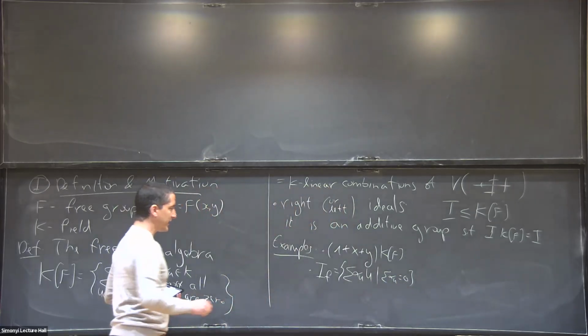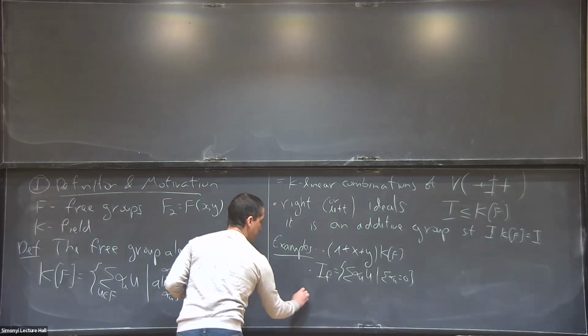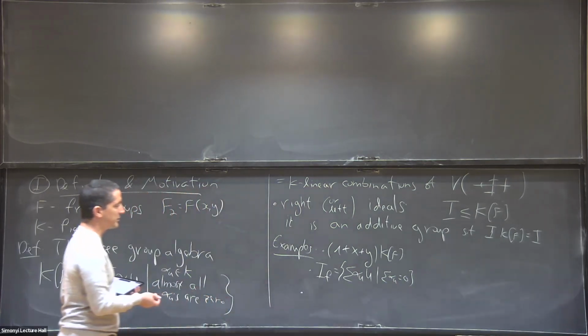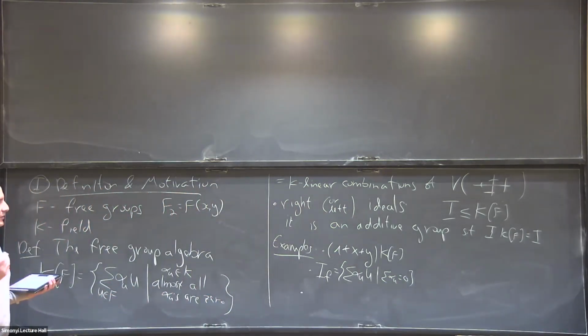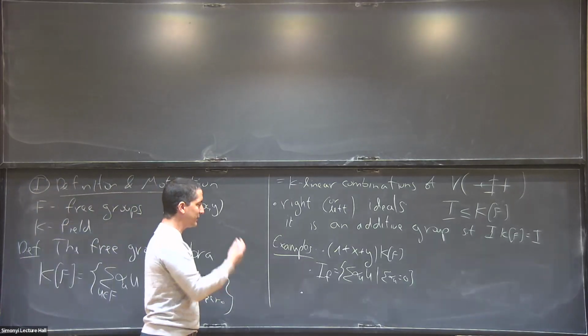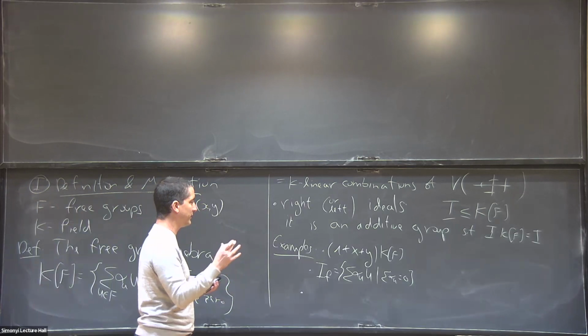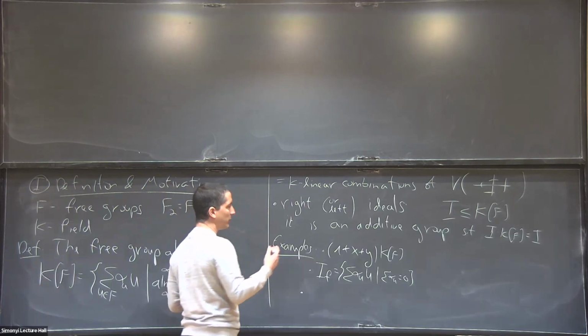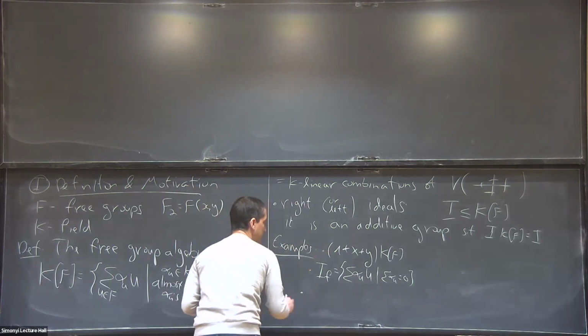As a final example, this shows that you can think about the free group as, in a sense, embedded in the free group algebra. The subgroups of the free group also live in the free group algebra.